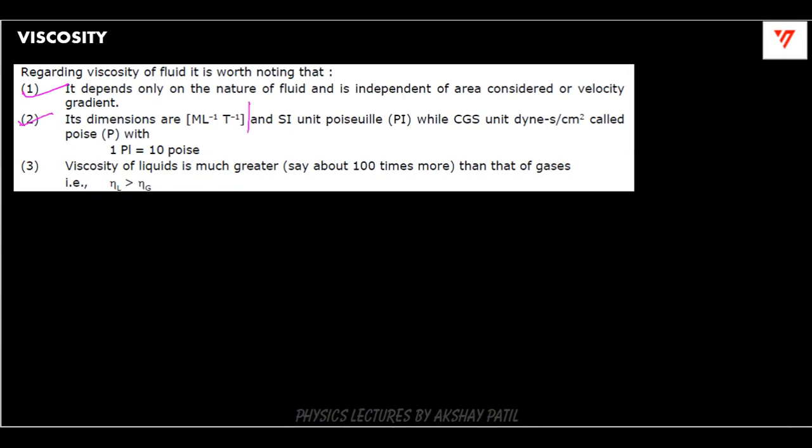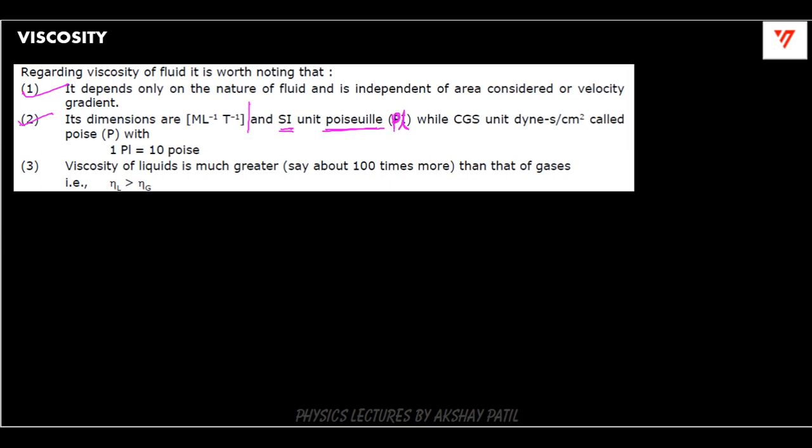Now the most important thing: the SI unit of the coefficient of viscosity is Poiseuille. It is pronounced Poiseuille and given as PL. Not PI, it is PL.